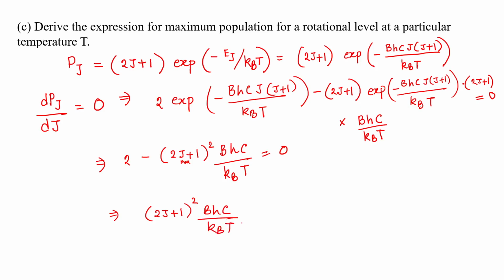Let me just write it directly: 2J plus 1 squared would have been 2kBT by Bhc, and this is Jmax.